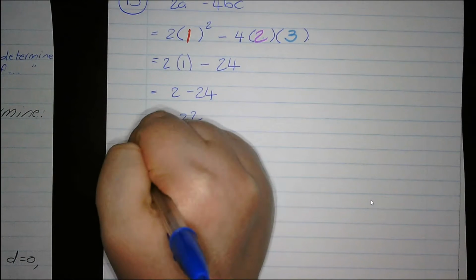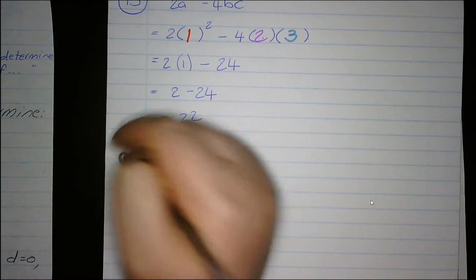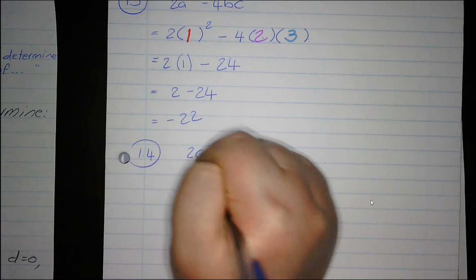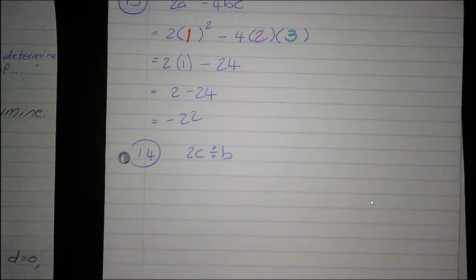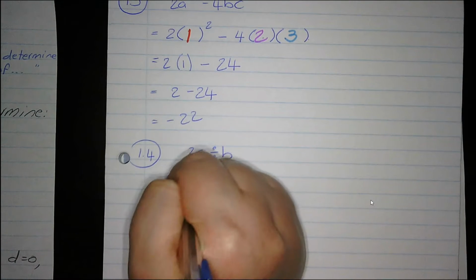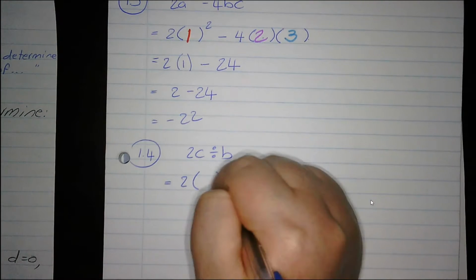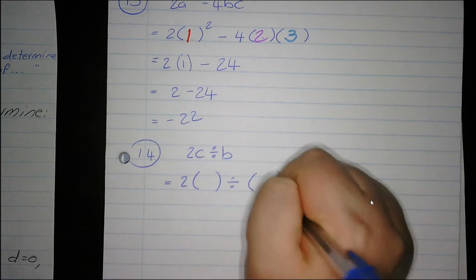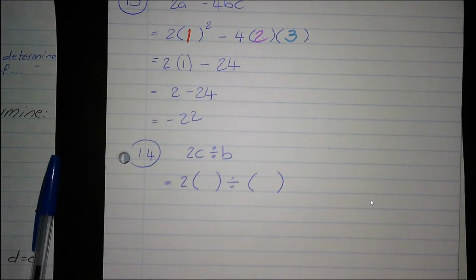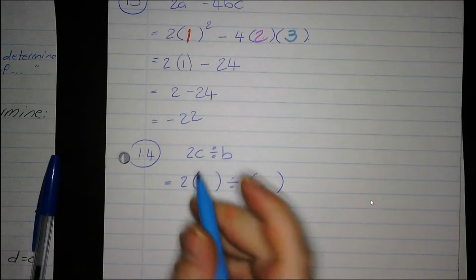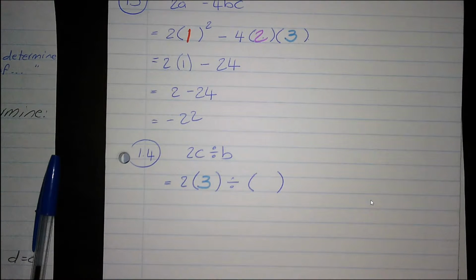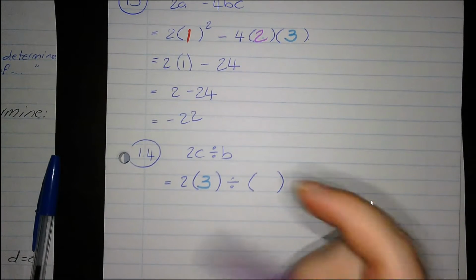Last one for this example, 1.4. We have 2c divided by b. 2, and then in brackets c, divided by in brackets b. C was equal to 3, and b was equal to 2.